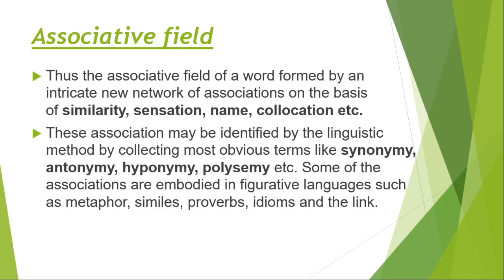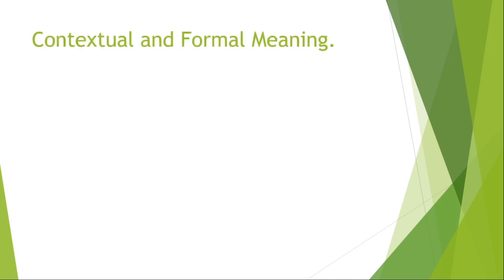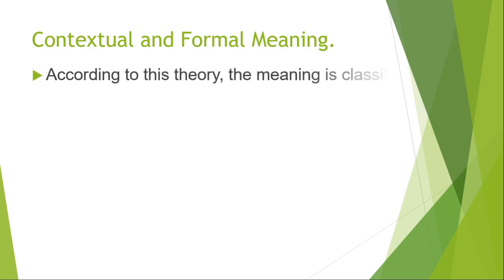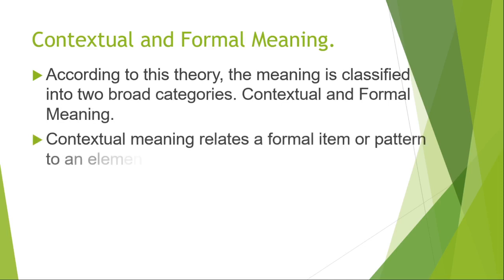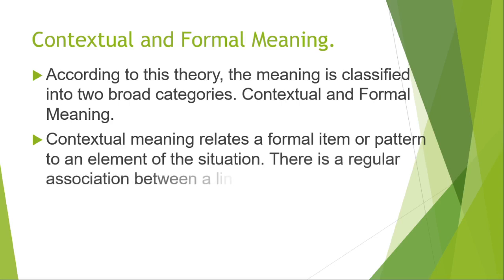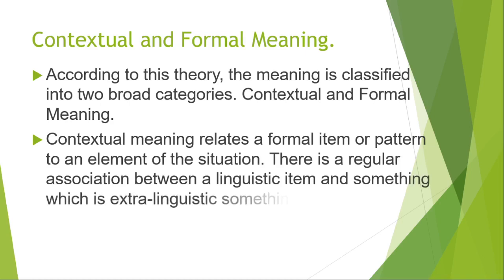Now, if we go further, according to this theory, we can explain, and we will be explaining, contextual and formal meaning. According to this theory, meaning is classified into two broad categories: contextual and formal meaning. Contextual meaning relates a formal item or pattern to an element of the situation. There is a regular association between a linguistic item and something which is extra-linguistic, something which is part of the situation rather than part of the language itself.